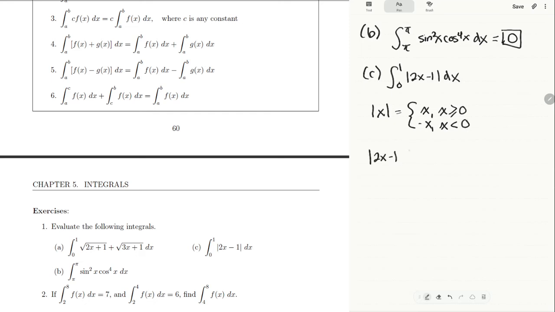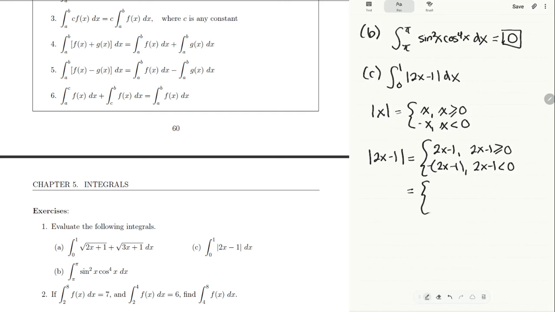So the absolute value of 2x minus 1 is going to be 2x minus 1 whenever 2x minus 1 is greater or equal to 0, and it's the negative of 2x minus 1 whenever 2x minus 1 is less than 0.